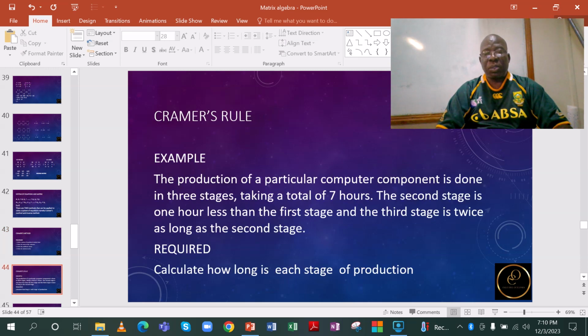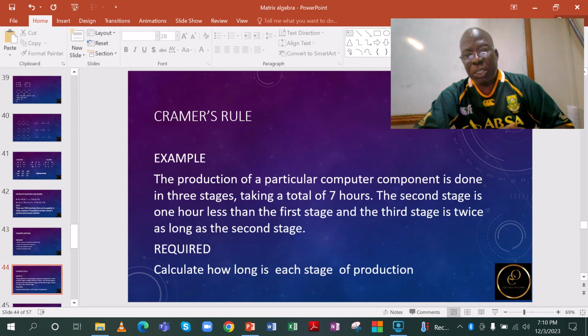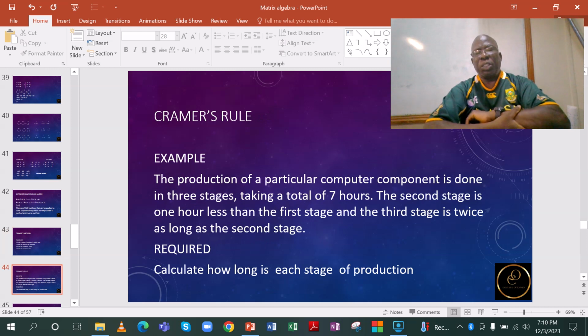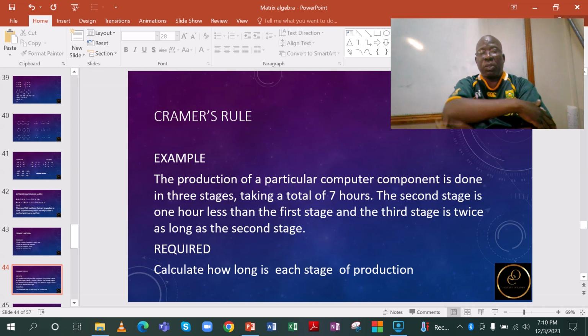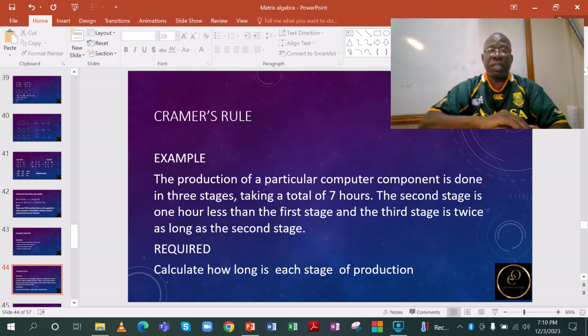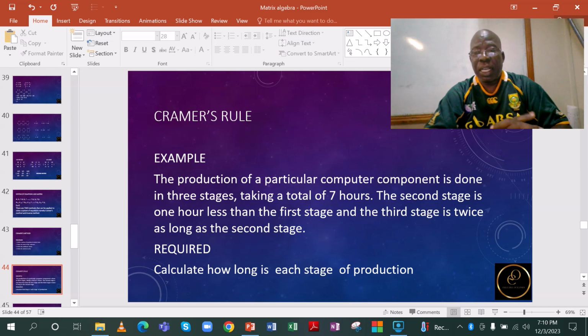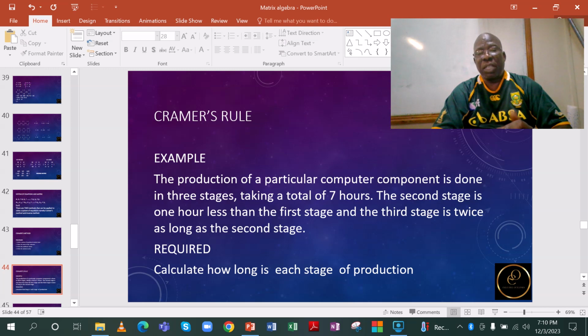Okay, so let's proceed. Cramer's rule. I'm going to illustrate this particular explanation using a practical situation. As an example, let's say that we want to use Cramer's rule, and here is a situation.